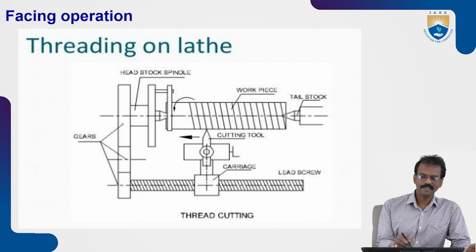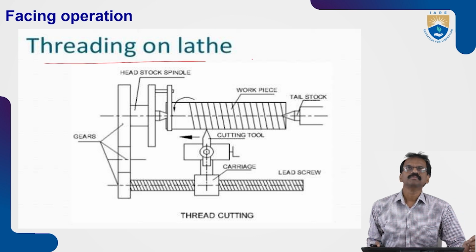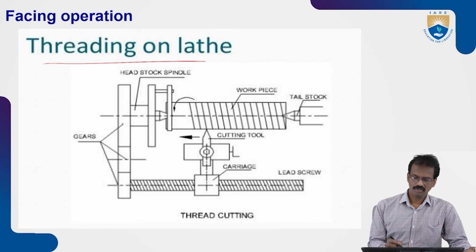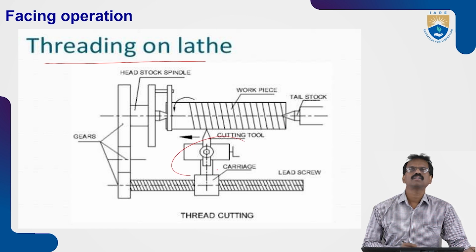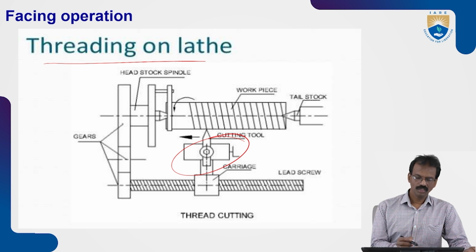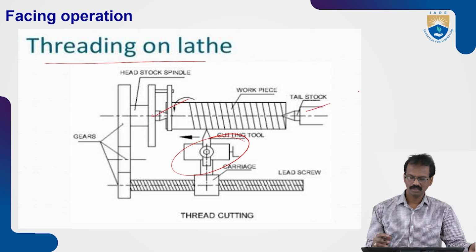So next one is thread cutting. It is a very important operation on the lathe machine. With the help of the tool bit, we can perform the threading operation. Here, first of all, the workpiece is held between the two centers, live center and dead center, or chuck and tail stock.